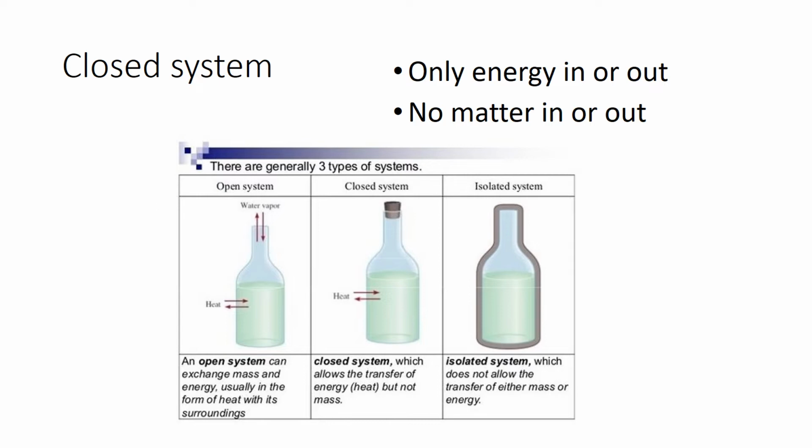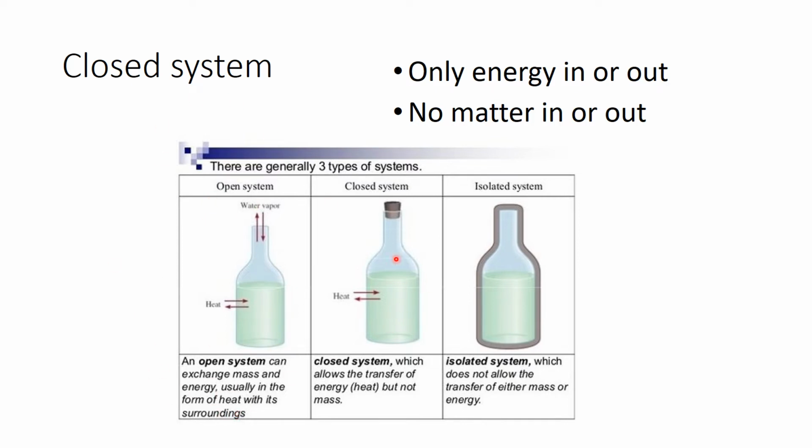An open system can exchange mass and energy, usually in the form of heat, with its surroundings. So if I put hot water in there, you'd lose some water vapor out the top, and you'd also lose heat out the sides of the bottle. So you can lose mass out the top, and you can also lose heat out from the walls. Or vice versa, you could get heat in if it's a really cold bottle. So that's an open system.